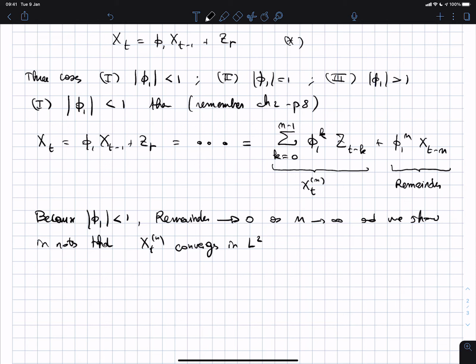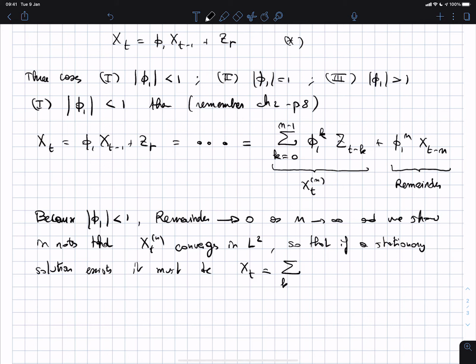And we also show that if a stationary solution exists, it must be given as the L2 limit of this, so this infinite series here, where we look at this infinite series as its value in an L2 limit.